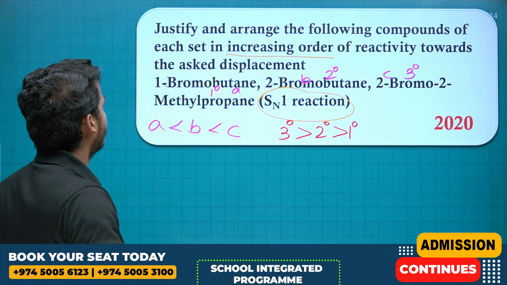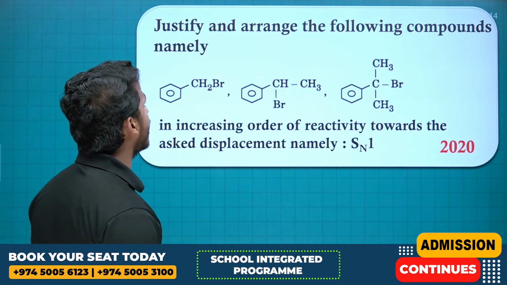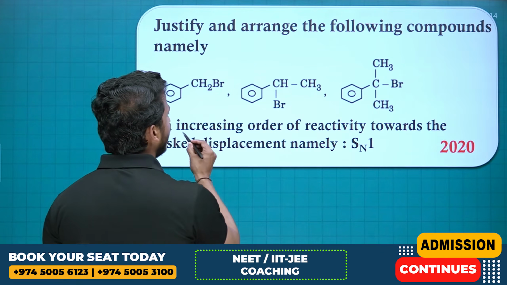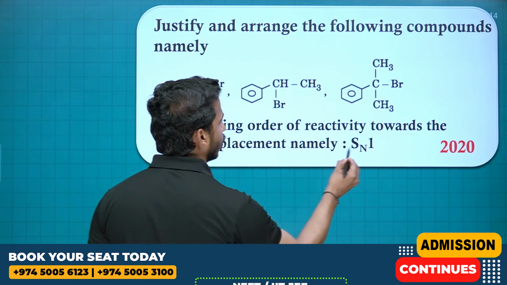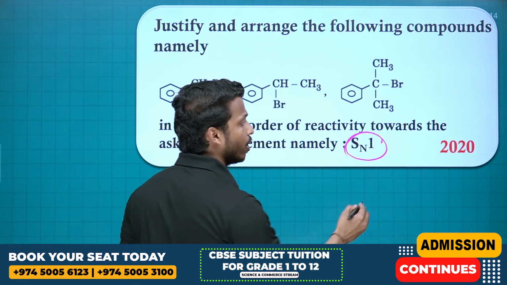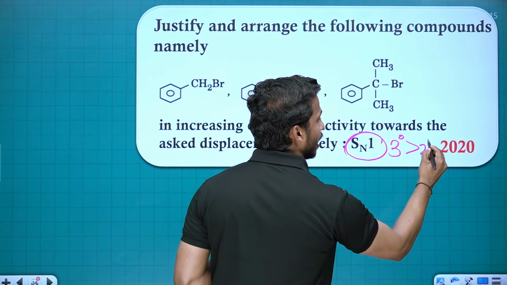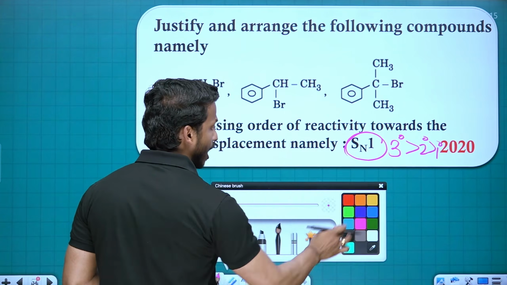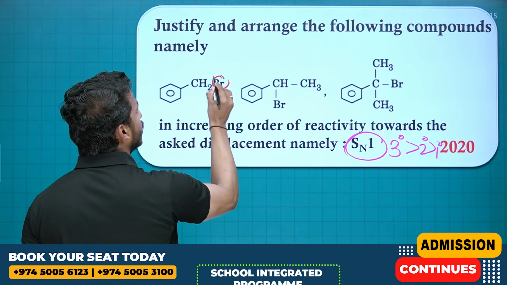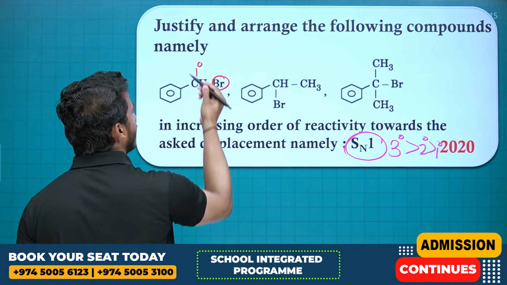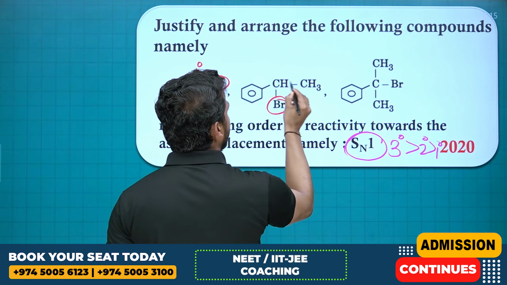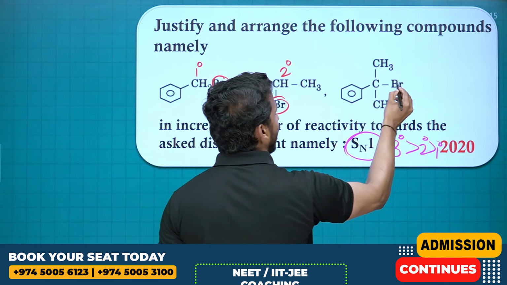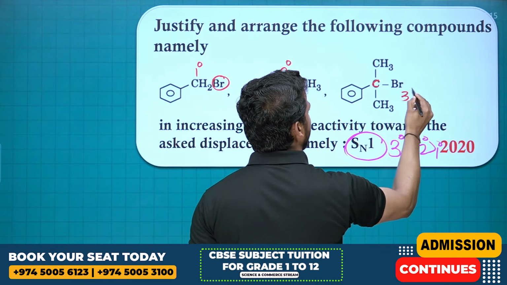Now justify and arrange the following compounds in increasing order of their reactivity toward again SN1. SN1 means the order tertiary, secondary, primary, my dear. Classify them: if the halogen-connected carbon is connected to one carbon, it's primary; to two carbons, secondary; to three carbons, tertiary.